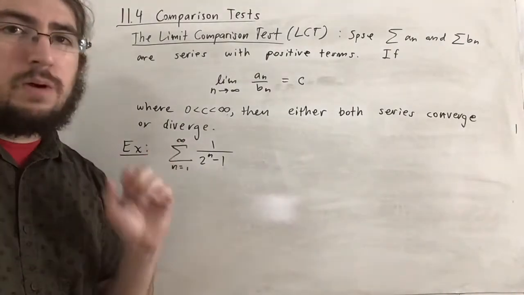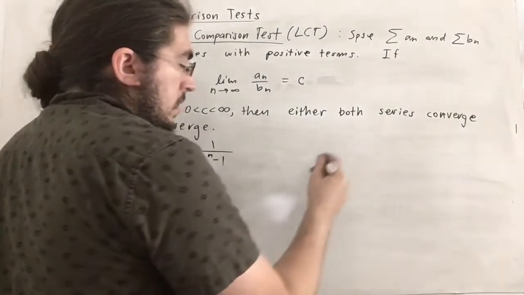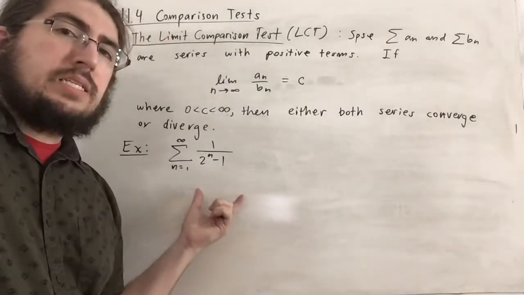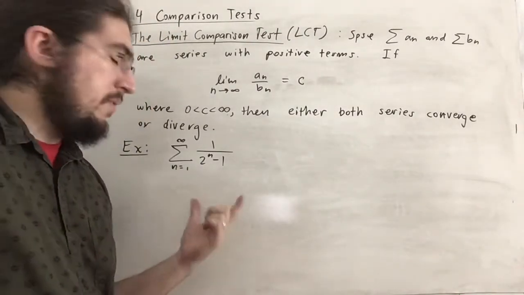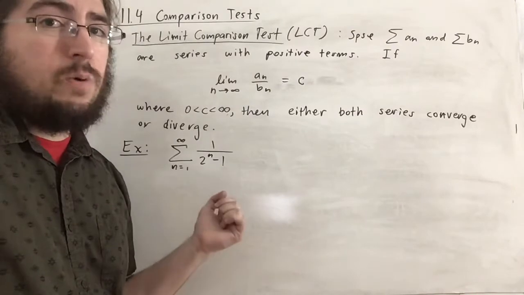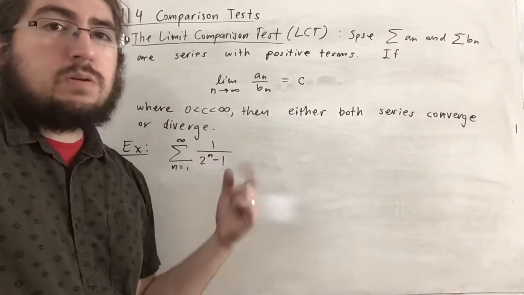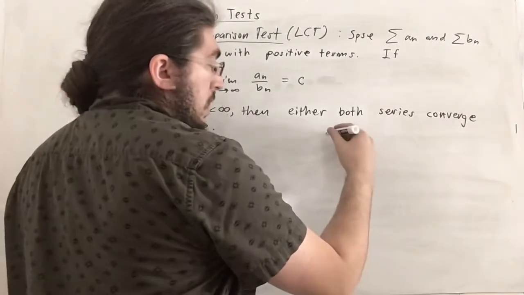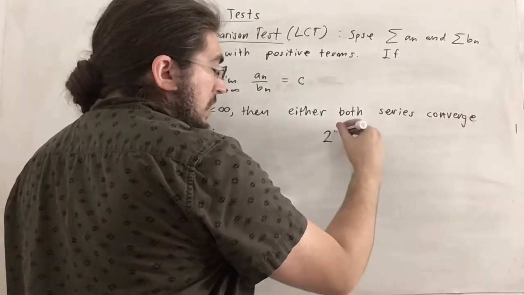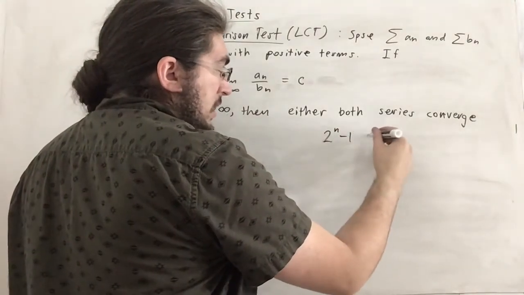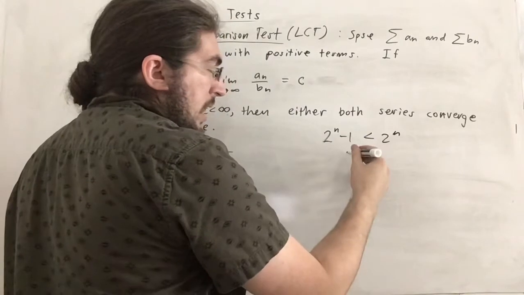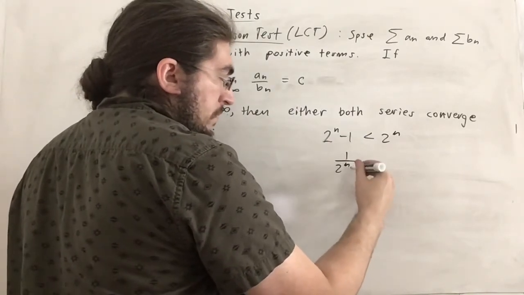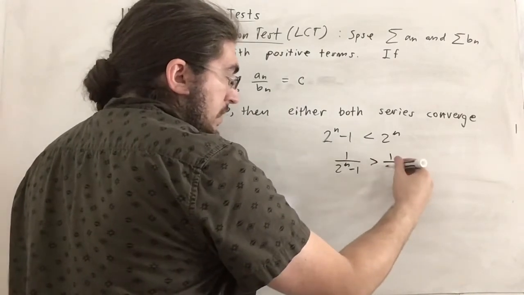Now, first off, remember, we did a problem like this at the very beginning. We did 1 over 2 to the n plus 1. Now, 1 over 2 to the n plus 1 was bigger than 2 to the n. 2 to the n minus 1, though, is actually smaller than 2 to the n. And if you reciprocate both, we'll see what I'm getting at with this in a second.